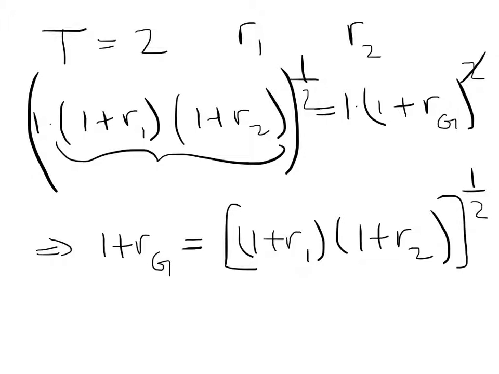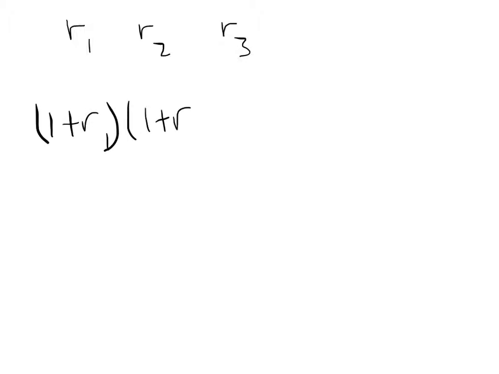And you could see how I could extend this to many periods, where if I had 3 periods, R1, R2, and R3, the equation I would be setting equal is 1 plus R1, the gross return, 1 plus R2, 1 plus R3. That would be the total amount of money I would have at the end of period 3 if I invested $1.